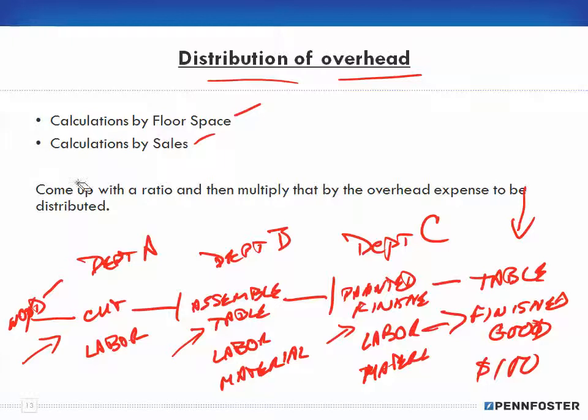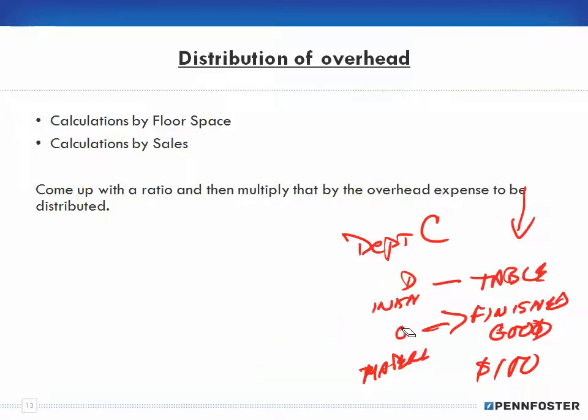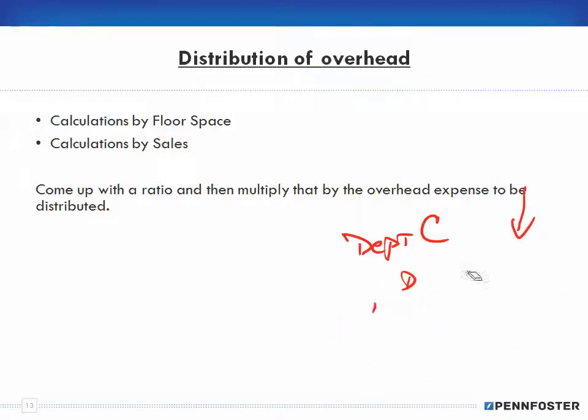Okay. Those are the two methods being shown here in the textbook, but obviously depending upon the business, there's a lot of other different ways that you can do this, but these are just two common ways to do it. Very, very simplistic, just to be able to give you an idea.